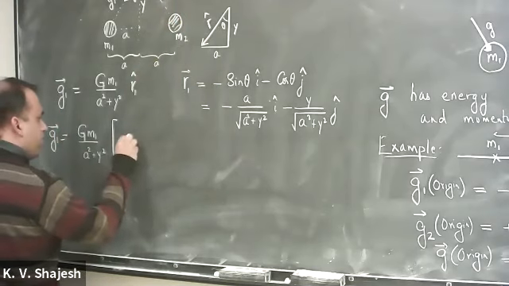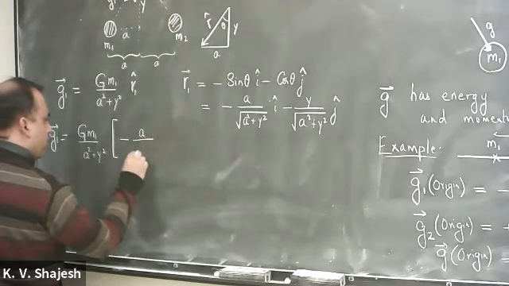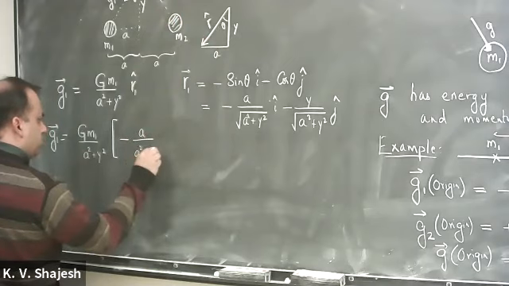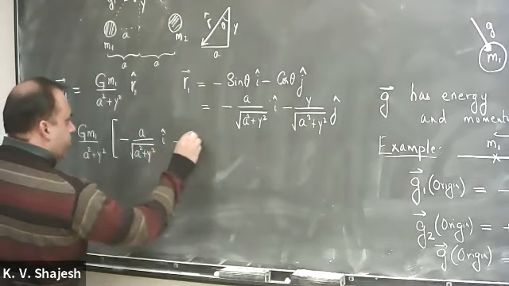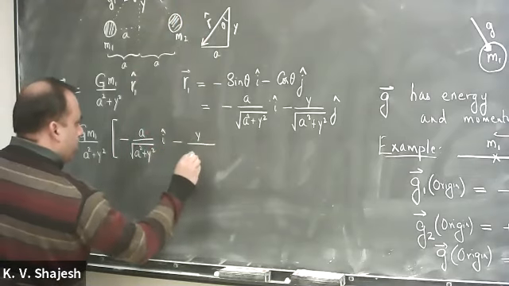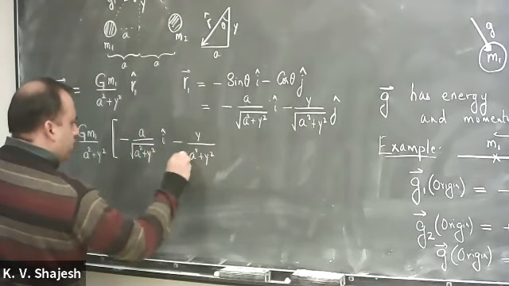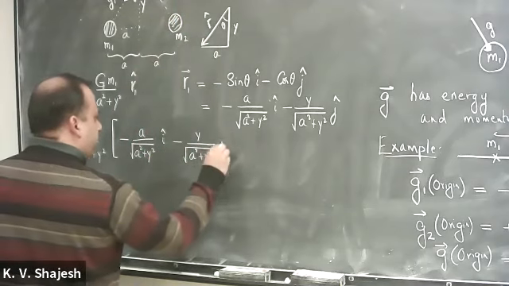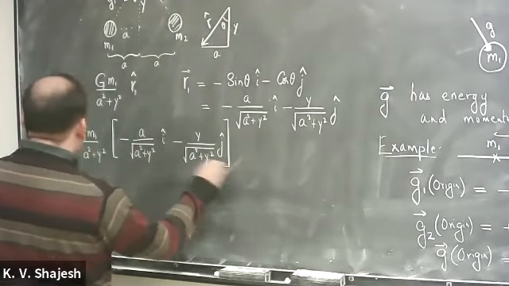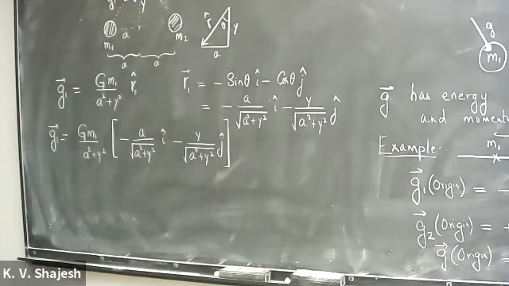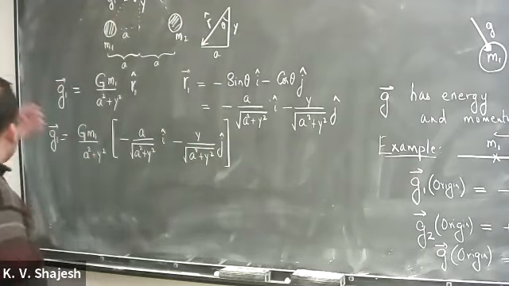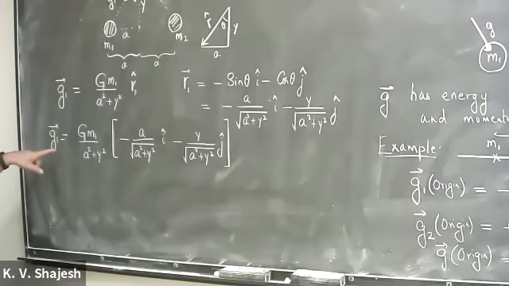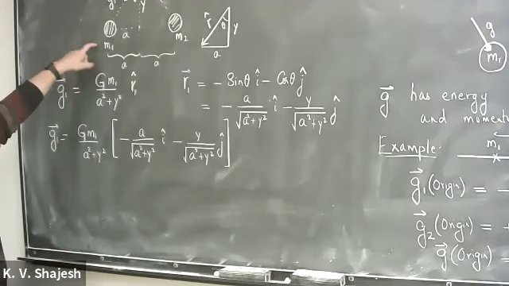So this is minus a over a squared plus y squared in the i hat direction, minus y over a squared plus y squared in the j hat. That's your total field due to just the mass 1, not the force. I keep saying force, it is a field generated by mass 1 at the point of observation.